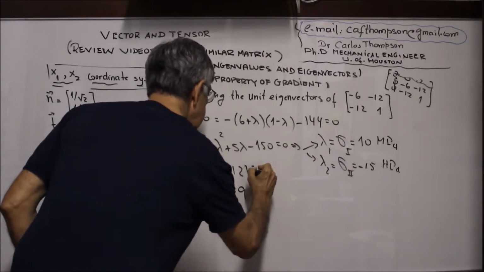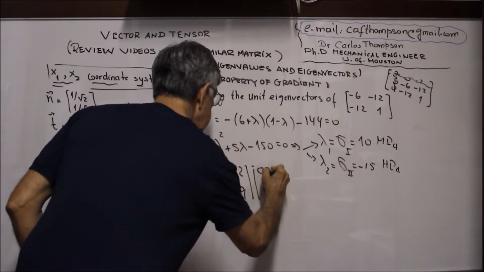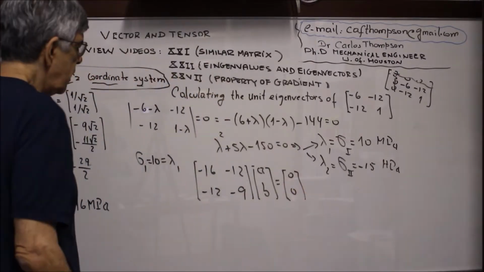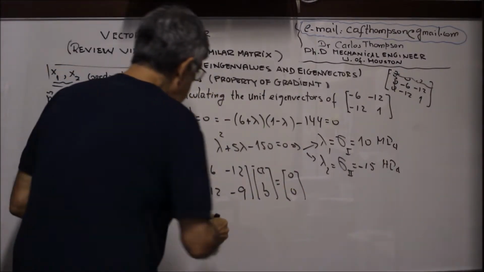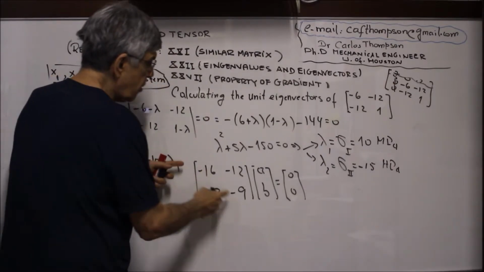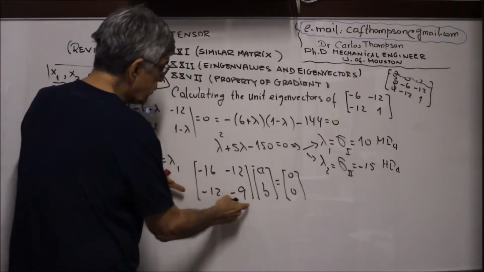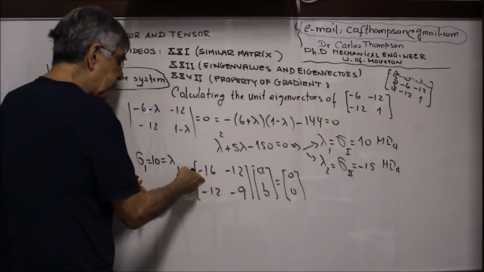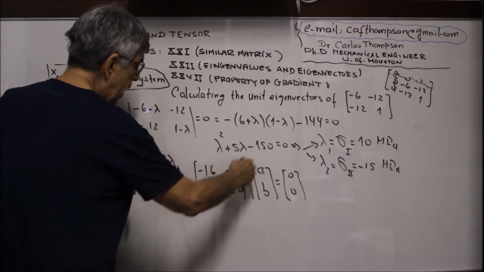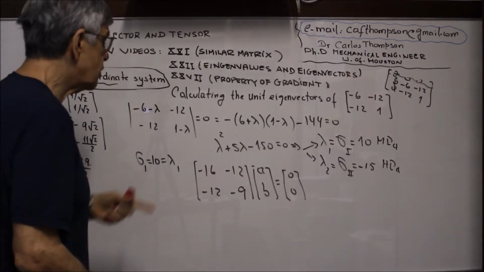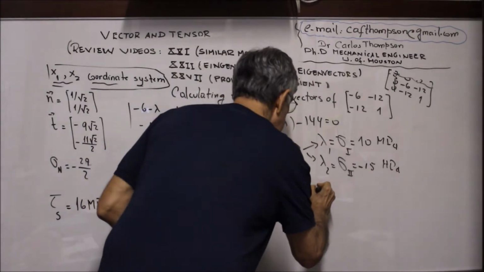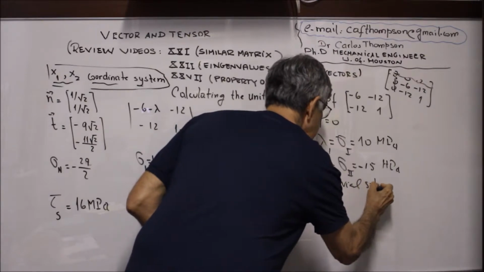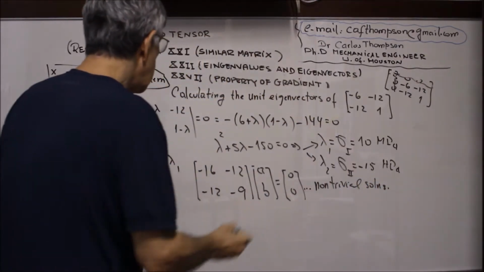This is a homogeneous equation, A and B, equal to 0. Exactly like we did before. The determinant of this homogeneous equation, minus 9 times minus 16, is plus 144. Minus 144, this is 0. So we have a non-trivial solution.